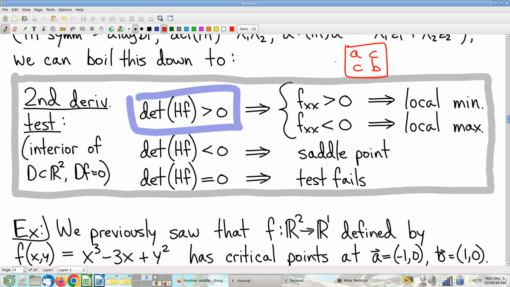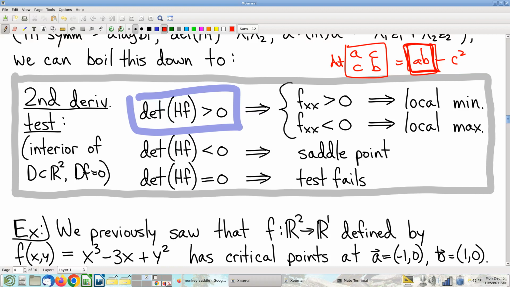The determinant of this is AB minus C squared, and if this is positive, then AB has got to be positive. So positive determinant means that those diagonal entries are either both negative or both positive. A little weird, but yeah.